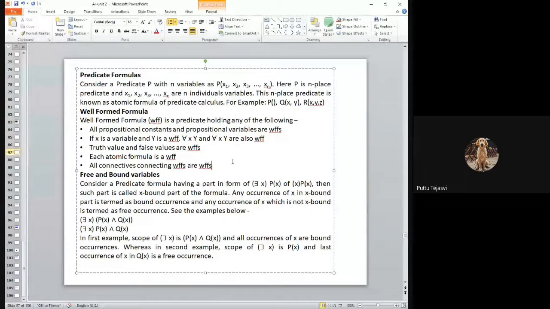Consider the two statements. There exists x, the whole bracket of P of x intersection Q of x. Is it a free or bound variable?